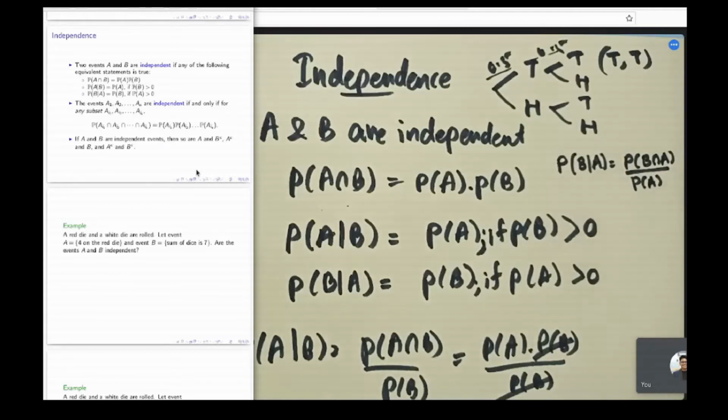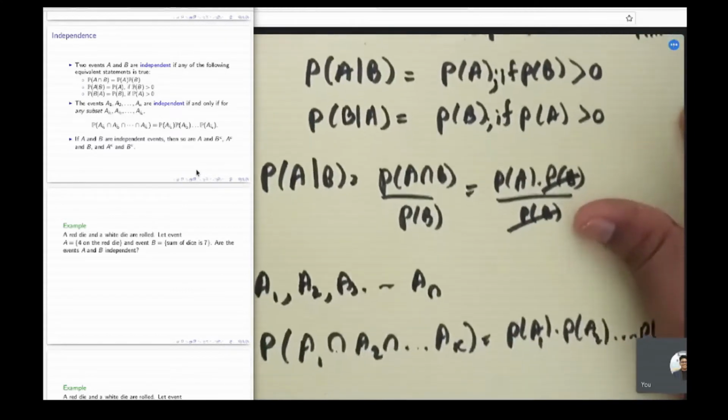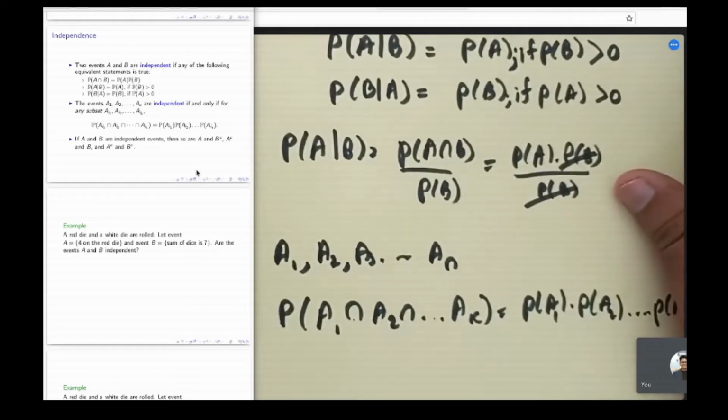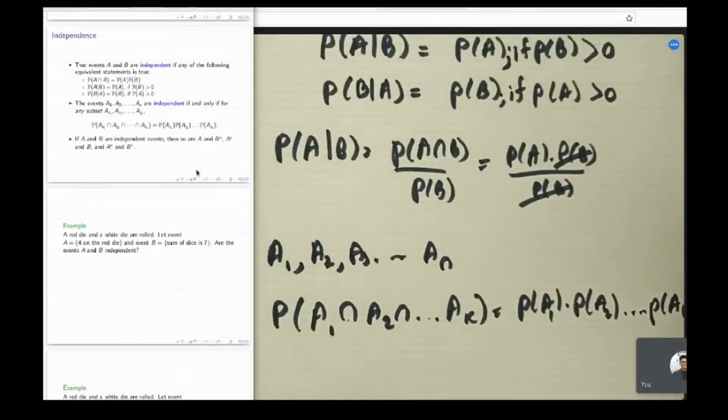So now looking back at the independence of events, we can say that the probability of the intersection of A and B is equal to the multiplication of the two probabilities, PA dot PB.